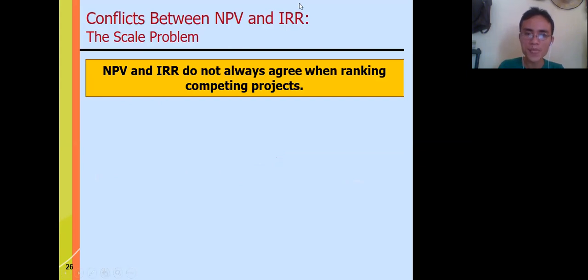Scale problem. NPV and IRR do not always agree when ranking competing projects, probably because of the scale problem. As I said, some projects have more investment, higher costs of investment, and of course the cash flows would be there, but they have a lesser IRR.